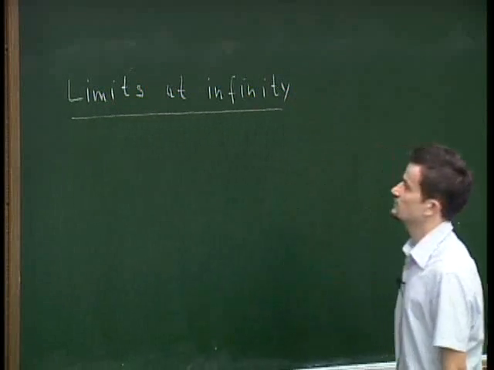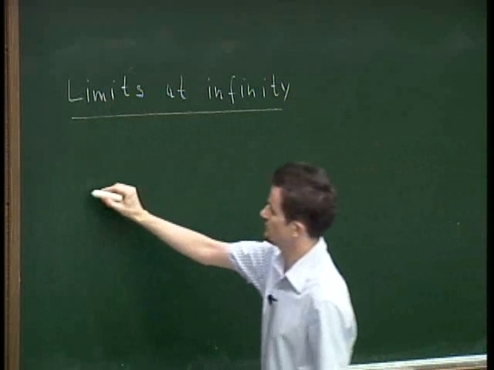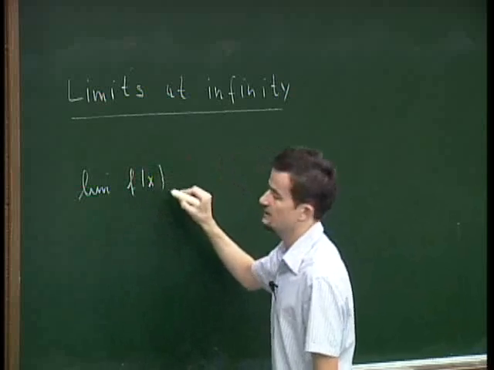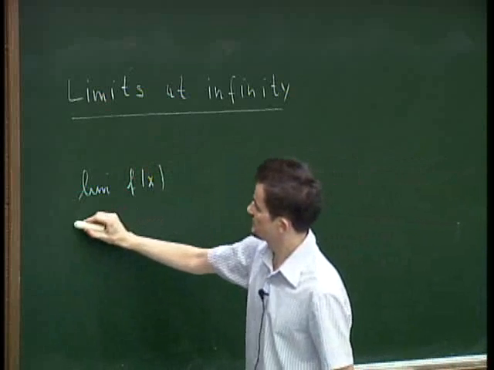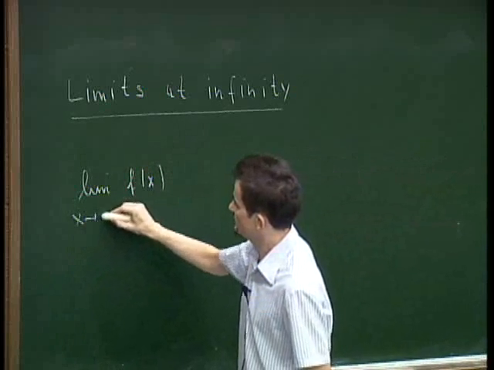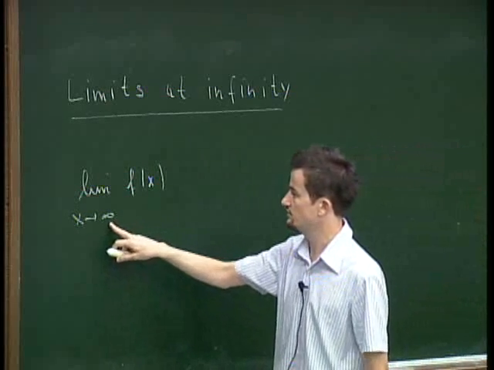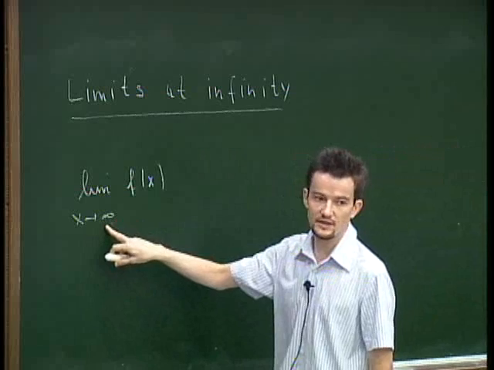Now, just to remind you, the definition is a little bit different to the previous definition. We now consider the limit of a given function as x tends to infinity. This is the difference, because previously we just looked at the situation where x approaches some number.